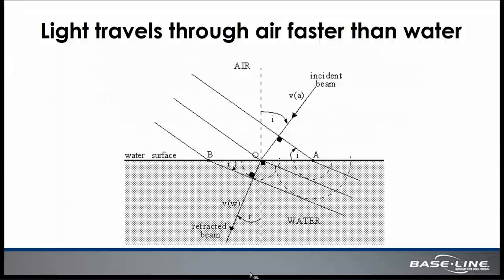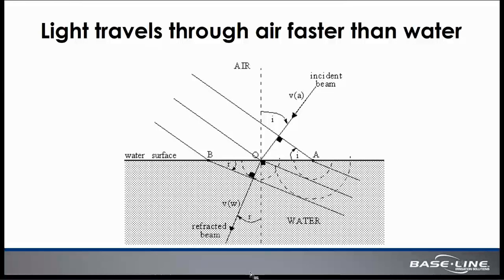We employ simple physics with the technology because light travels through air faster than water. So many of you may have done the experiment in school or growing up where you put a pole in a swimming pool and it looks like the pole bends.